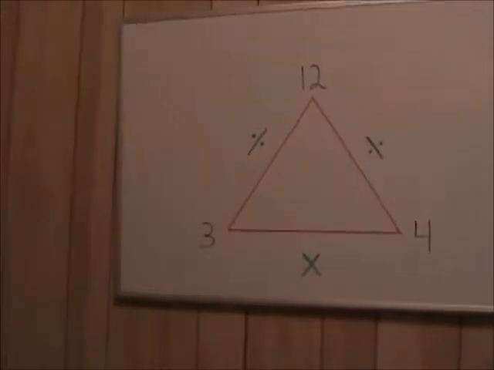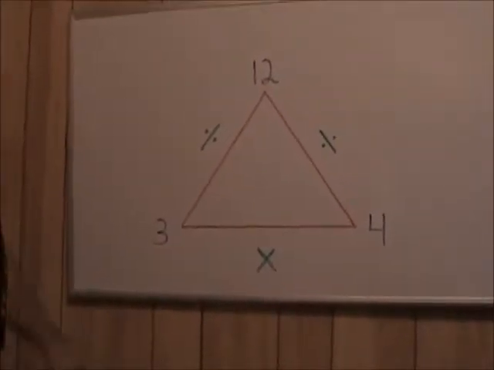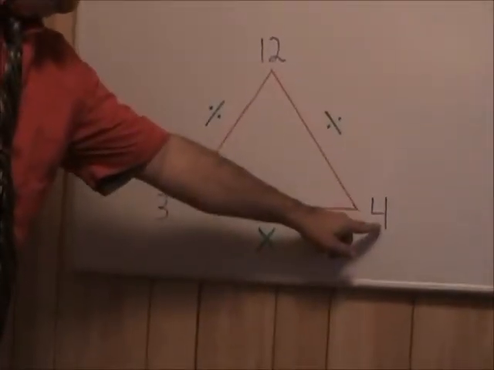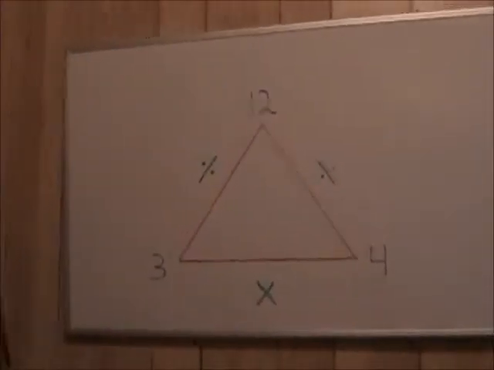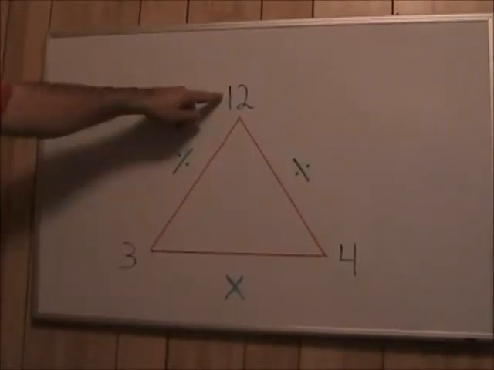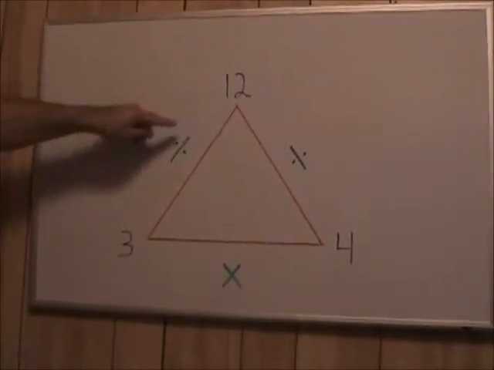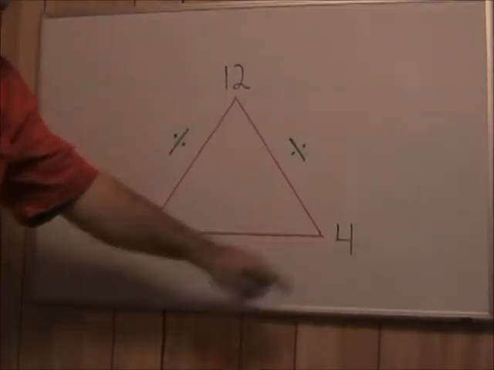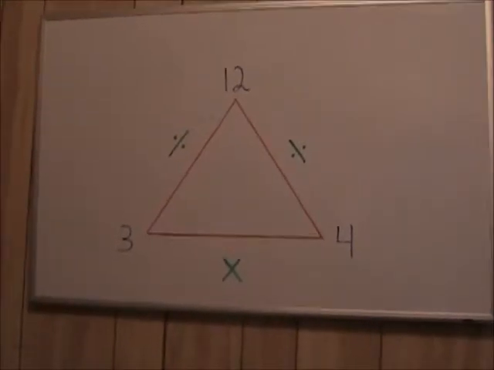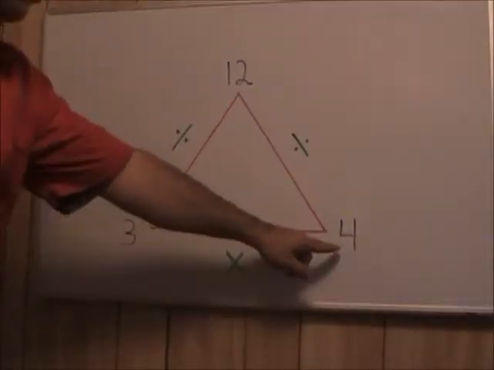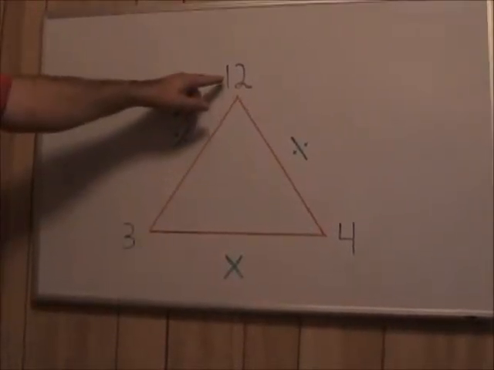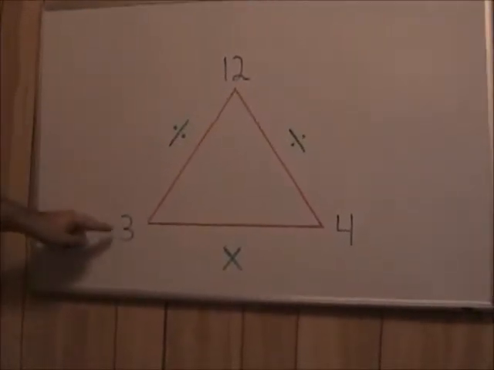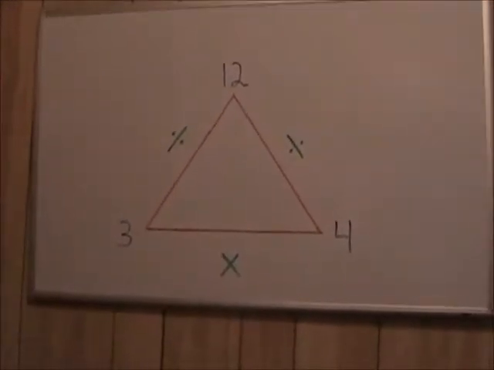We can use multiplication first, and we can see how 4 times 3 equals 12. But the inverse would be 12 divided by 3 equals 4. So, the opposite or the inverse of 4 times 3 equals 12 is 12 divided by 3 equals 4.